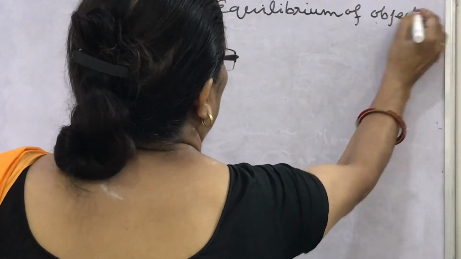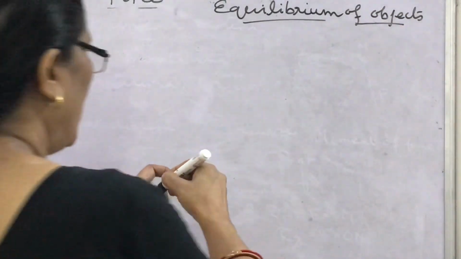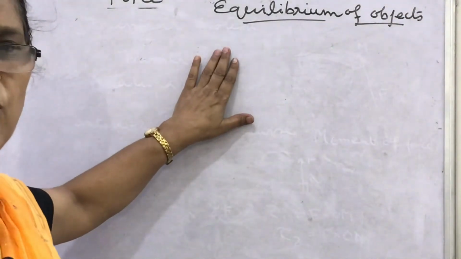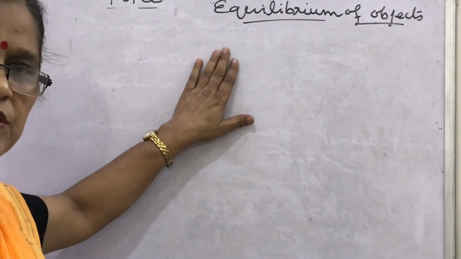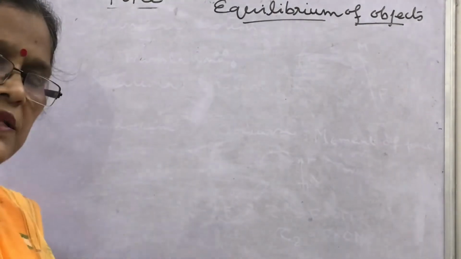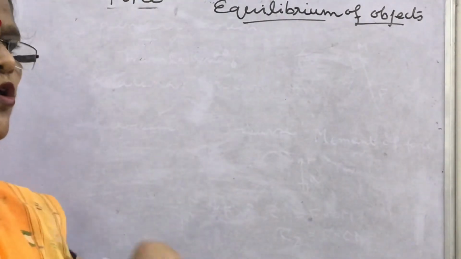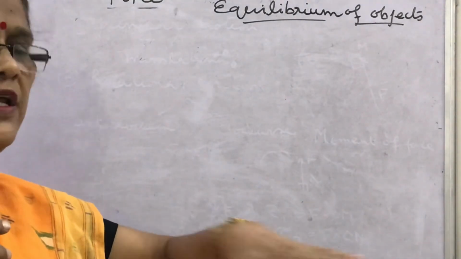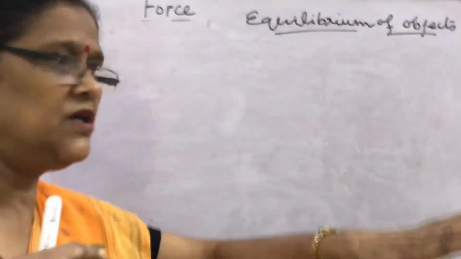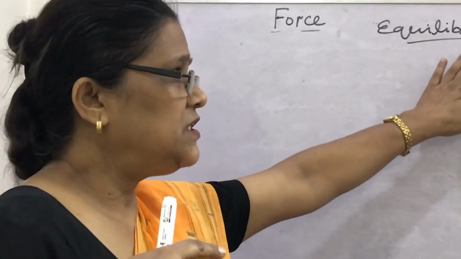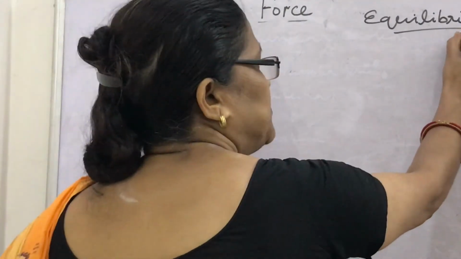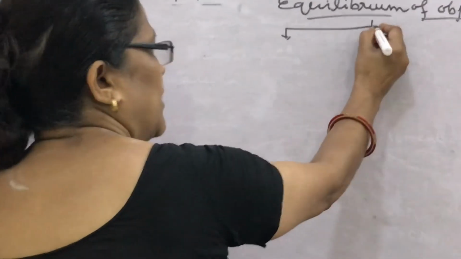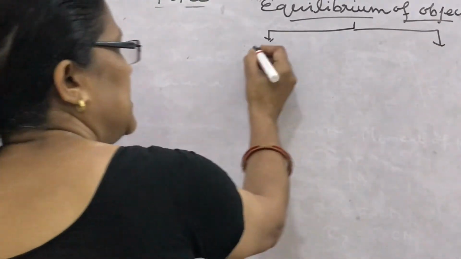This is very important to know: if the object is under the effect of two or more forces and the object remains at rest, or remains in linear or rotational motion, these are the equilibrium conditions. As per this there are two equilibrium conditions.